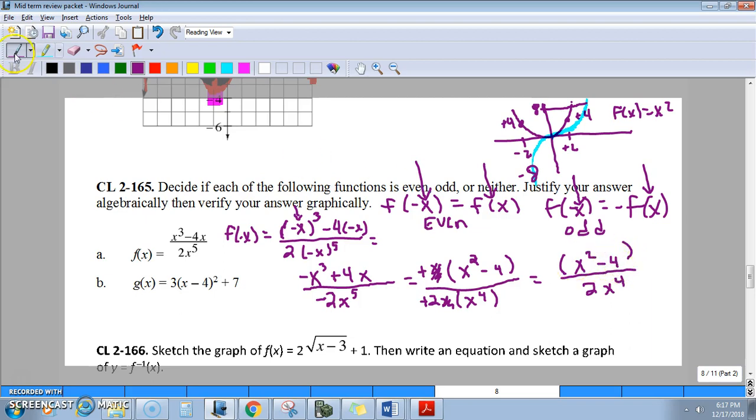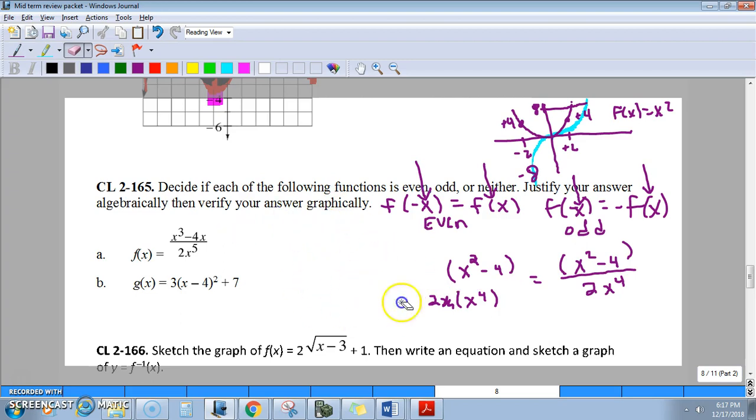Okay, so I'm going to leave that there and see if I can simplify the first one to get the same answer. If I just simplified this without making x negative, I could factor out x from the numerator.